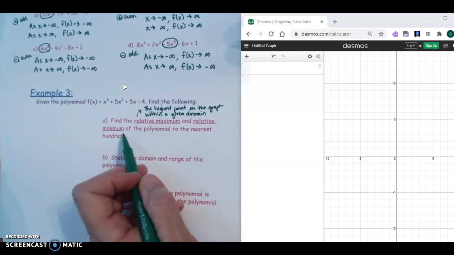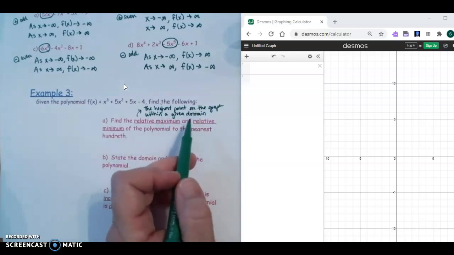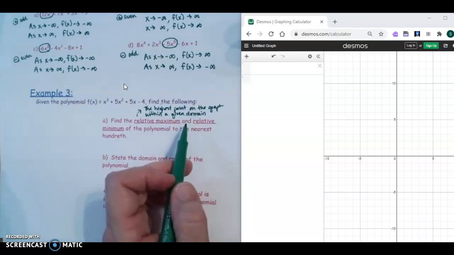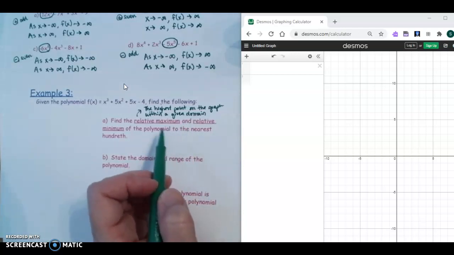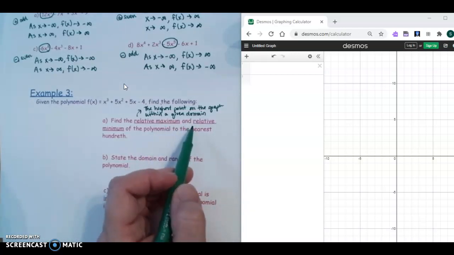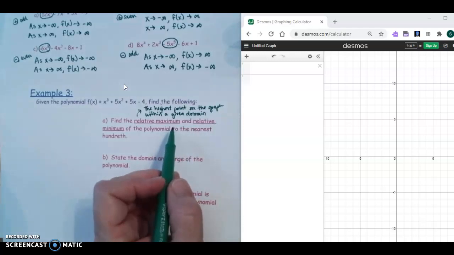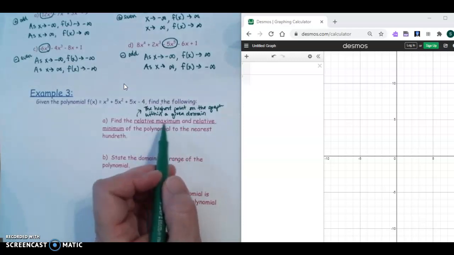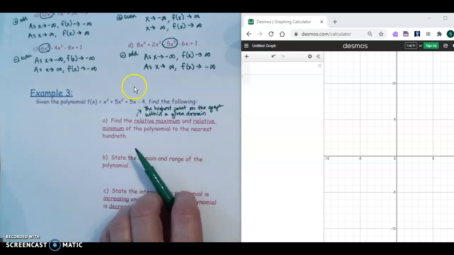So your relative min would be the lowest point on the graph within a given domain. Now, there's another term called absolute max and absolute min, which means the absolute highest the graph would go or the absolute lowest that the graph would go.